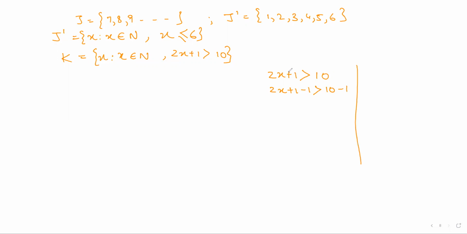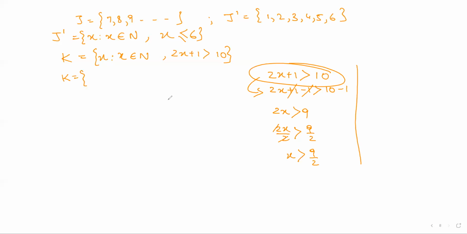I'll teach you how to understand this from two methods. One by the rules of inequality, where I'm subtracting 1 on both sides. You'll get 2x is greater than 9. Now I'm dividing 2 on both sides. So 2x upon 2 will be greater than 9 upon 2. Therefore, x will be greater than 9 by 2. Now, which are the natural numbers which are greater than 9 by 2?